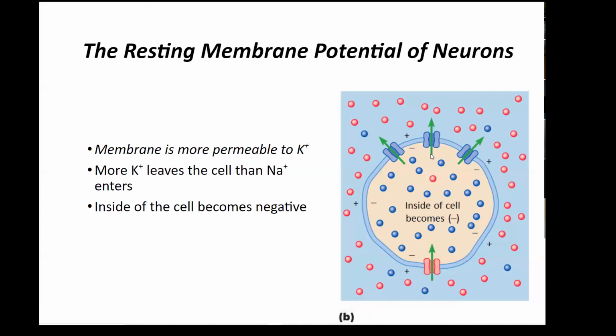So in reality, it's 25 times more permeable to potassium, but that would make this picture really messy. So just focus in on that more versus less rather than the specific number. So this means that when we set up these concentration gradients for the potassium and the sodium, the potassium is better able to move. Like it can move faster because we have more channels.